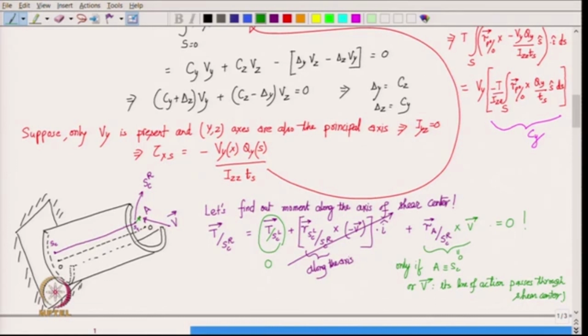So, that is really interesting. This tells us that if we do not apply this concentrated shear force V passing through the shear center, then the net torque on this beam will not vanish, and the beam will have a tendency to twist about its axis. Is not it interesting? Although you are applying a transverse shear force, the beam is also trying to twist.